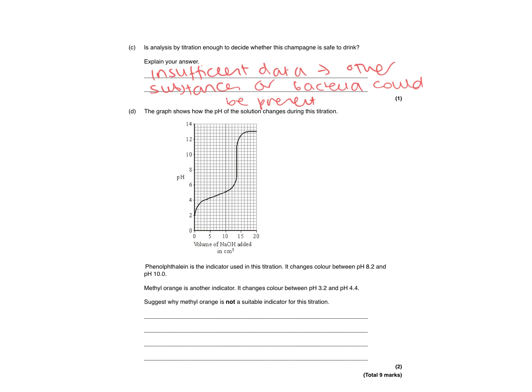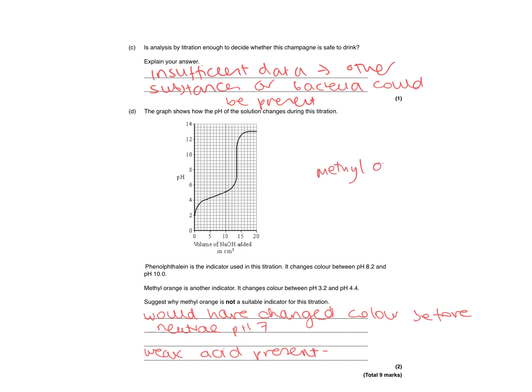Because it would have changed colour well before the endpoint of the titration, before the neutral pH 7, because there's a weak acid present. So remember, methyl orange is an indicator that's used for a strong acid, weak base titration.